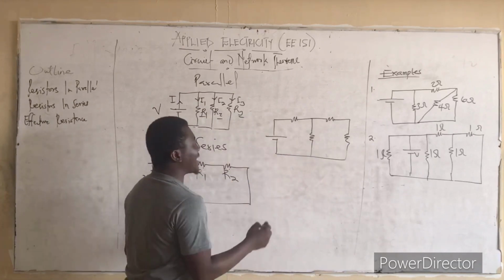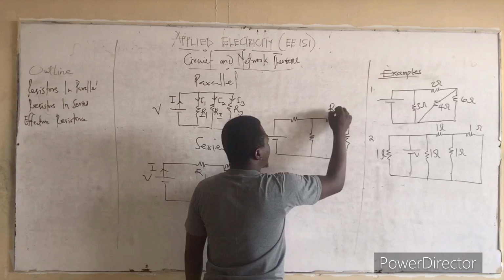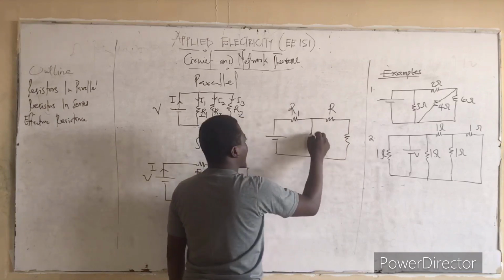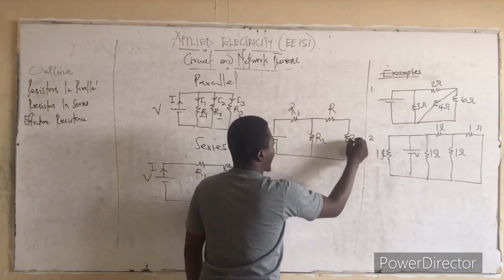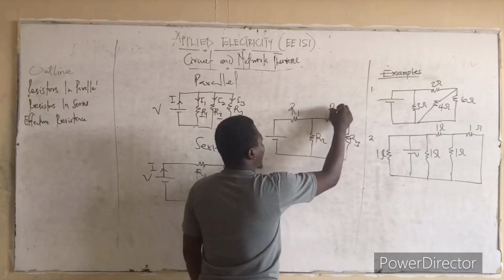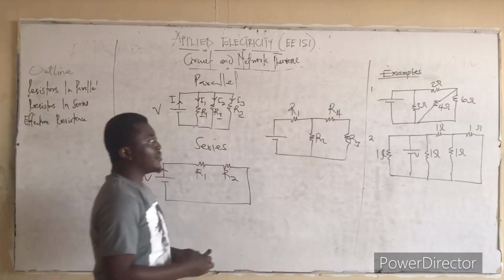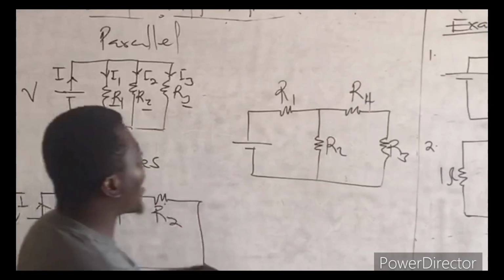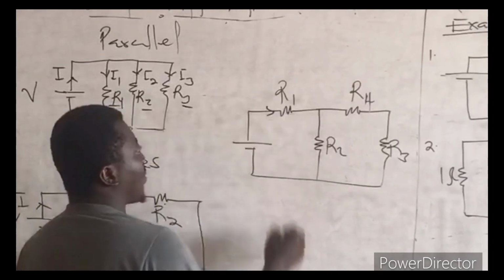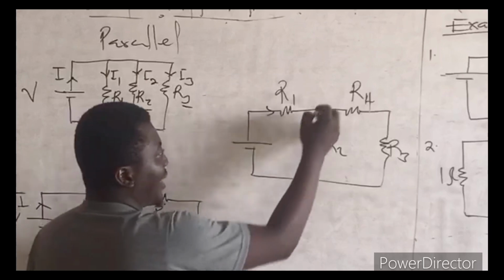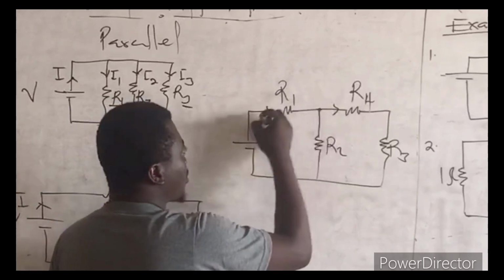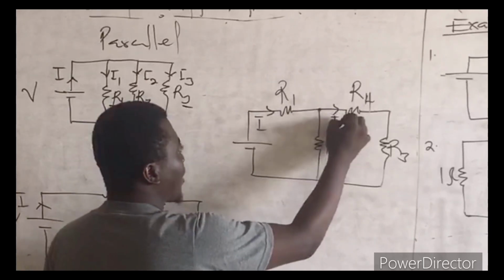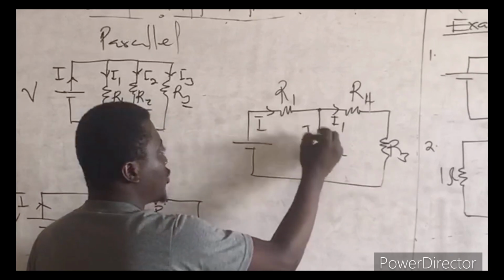Then they will ask what is the relationship between R1, R2, R3, and R4. What can we see over here? We can clearly see that the current that started moving from R1 will get here and it will split. So if it is I, we will get I1 and I2.